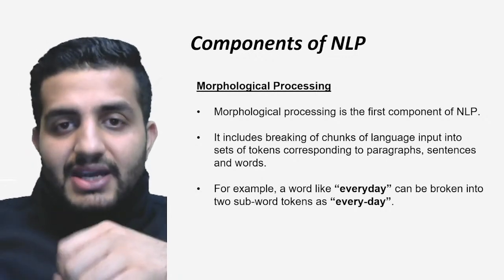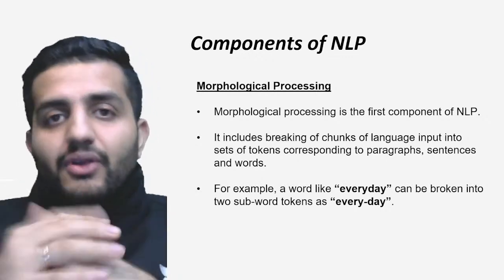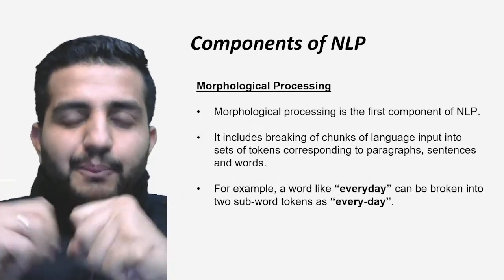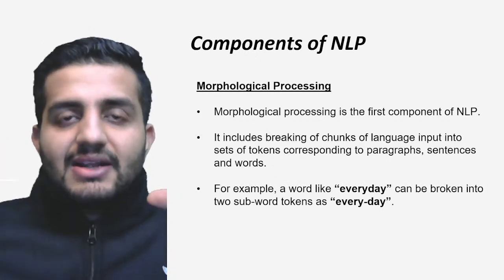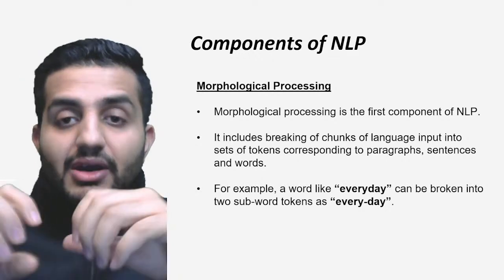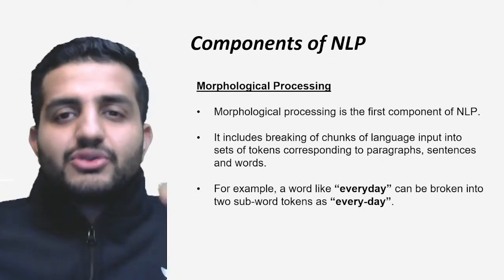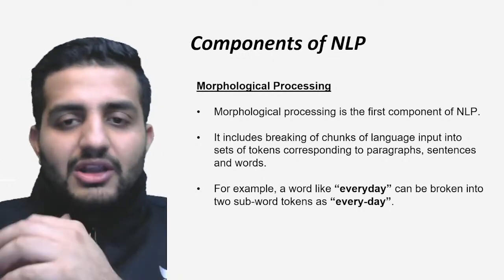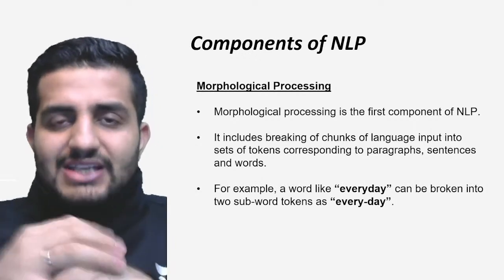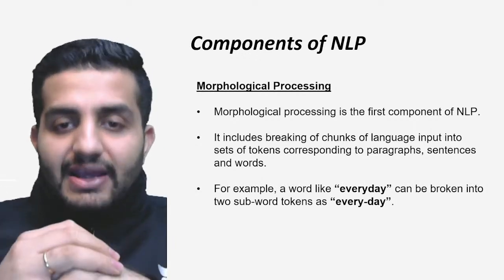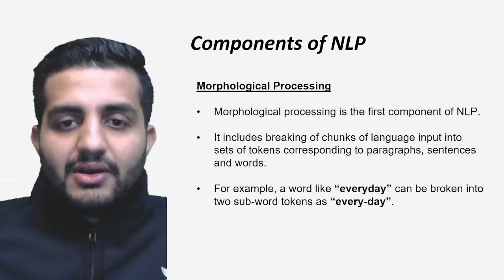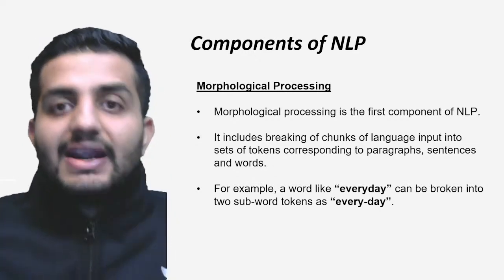I hope that's making sense. That's about morphological processing. I'm breaking bigger chunks of information into smaller chunks, and here we call them tokens. For example, a word like everyday can be broken into two smaller subwords, every and day.